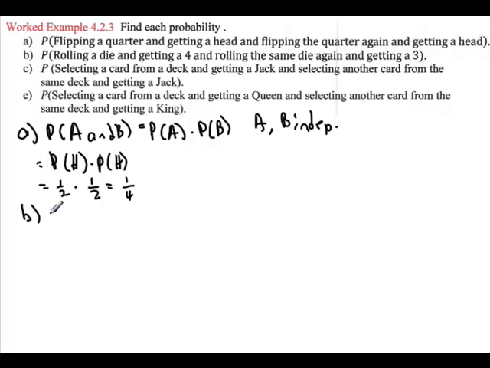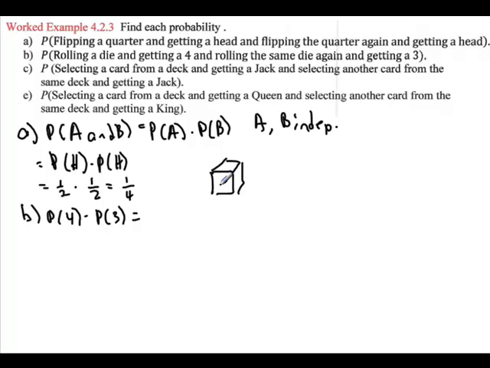B. The probability of rolling a die and getting a 4, and then rolling that same die and getting a 3. So remember that these were independent events also, so we're looking at the probability of 4 times the probability of 3. So let's break down each of these. How many sides on our cube have a 4 on them?